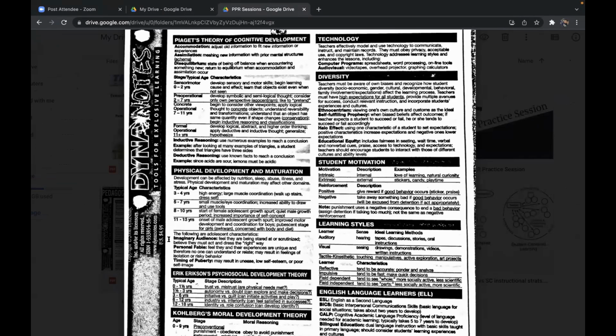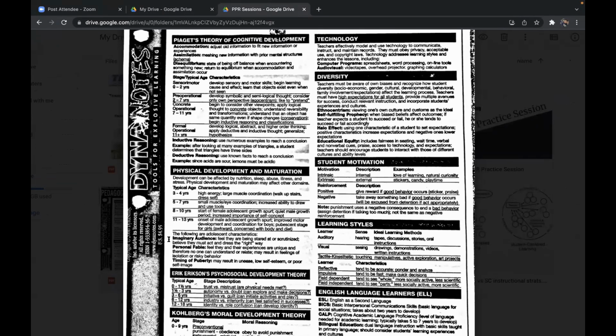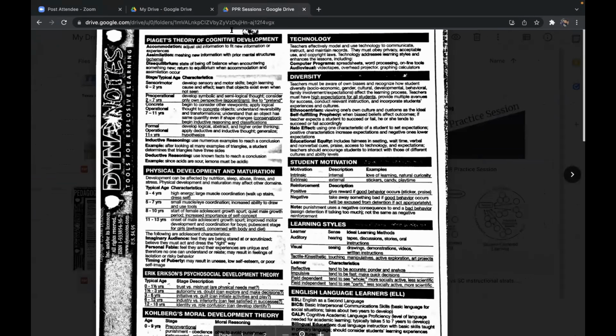This is a really, really great cheat sheet of the different important concepts in the different domains. So you have standard 1, domain 1 in the front, and the different learning styles, student motivation, you have diversity. Technology is such a small section because this was created so long ago.